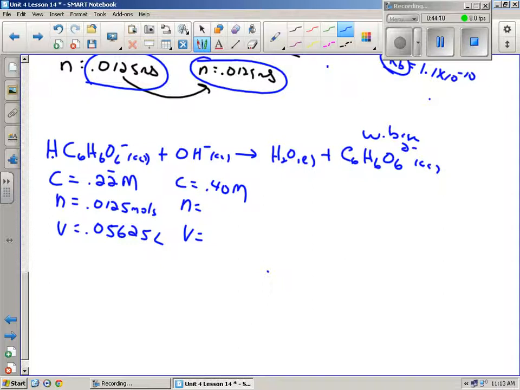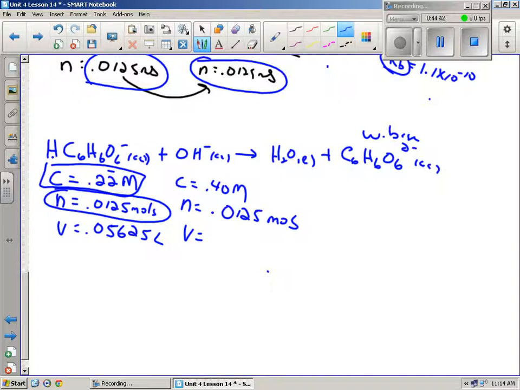And look, here's the thing though, and this is the part that kind of confuses people, and maybe I should even write out another equation. Remember, how many moles do I have here? That's still the same, right? 0.0125 moles. So really, how much does it take to react with that? 0.0125, right? By the way, all I did here was calculate the initial concentration that I'm starting with for that second titration.